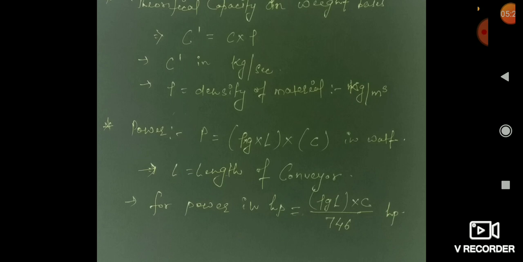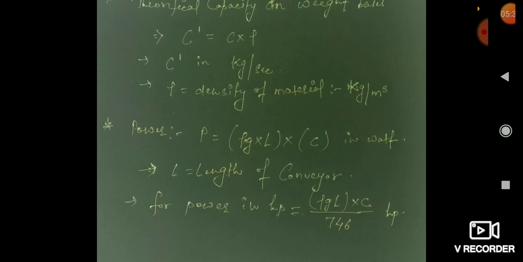And friends, area into velocity is our discharge, means Q. So you can write that power is equal to pressure into discharge.